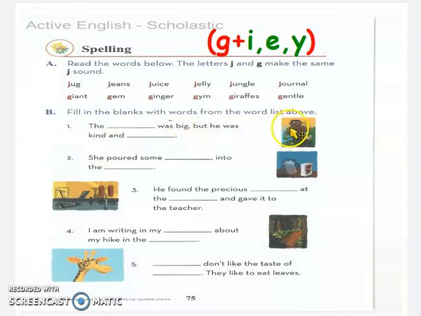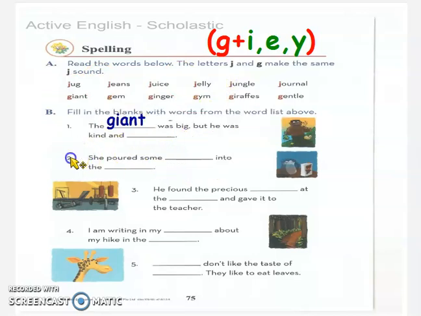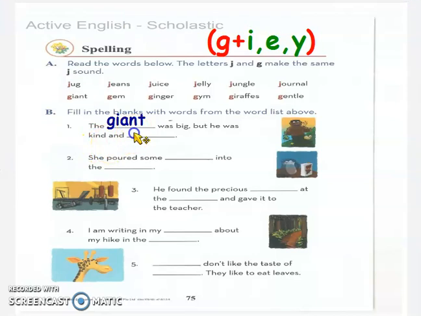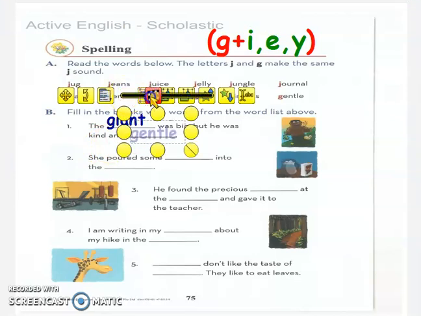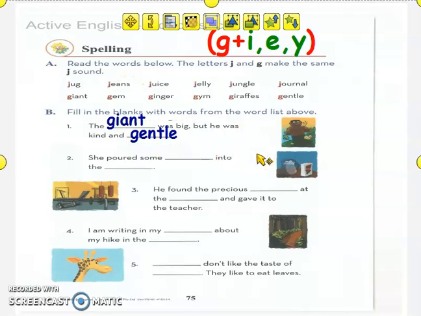Look at the picture. What can you see? Excellent. This is a giant. So the first one is giant. But he was kind and what? And gentle. He is a giant, but he is kind and gentle.